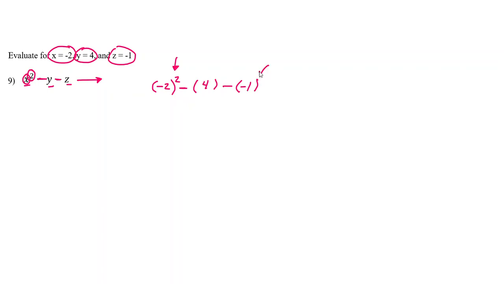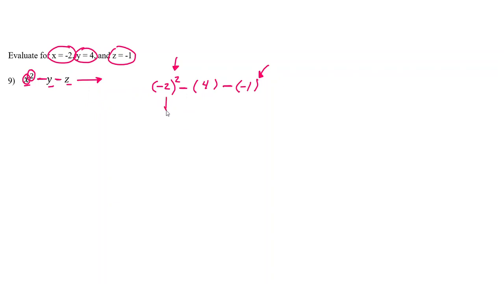And the parentheses were pretty handy when it came to that z, which was -1, because it's minus z, so minus -1 means something a little bit different. If I didn't put the parentheses there, I'd be tempted to only put one negative sign or one sign instead of two, and that would mean something different. So this is why those parentheses help us out.